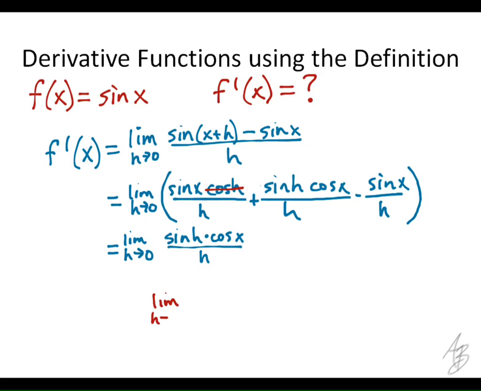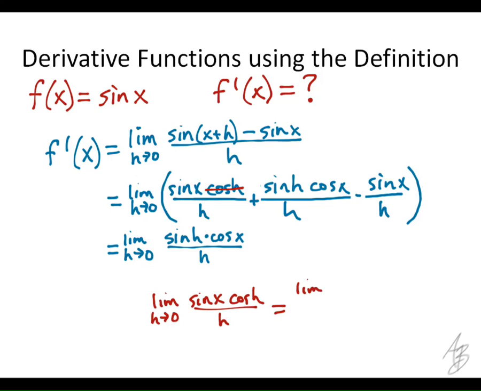And to answer that question, this limit is equal to, and this is going to be kind of a lot of writing here, and we try to avoid this just for simplicity's sake, but since we have a sine of x times a cosine of h over h, the limit of the product is equal to the product of the limits.